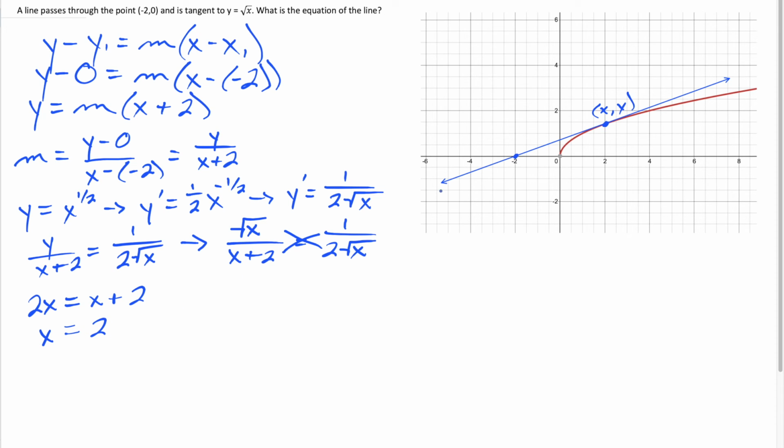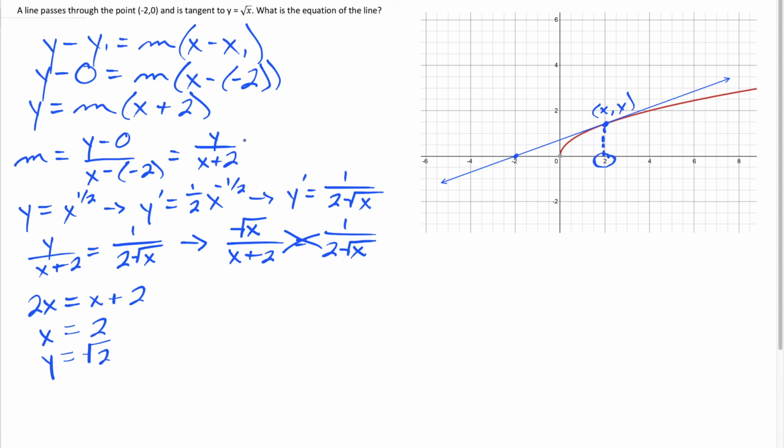So at this point, we know what the x-coordinate of our point of tangency is. It's x equals 2. Therefore, we can plug x equals 2 into our red function here, y equals the square root of x, and figure out what y is. So y is going to equal the square root of 2.